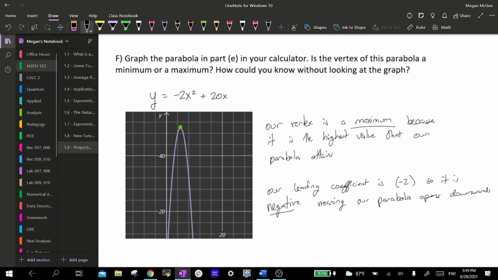Okay, the vertex of a downwards facing parabola, my goodness, I cannot spell today, a downwards facing parabola is always going to be the max.